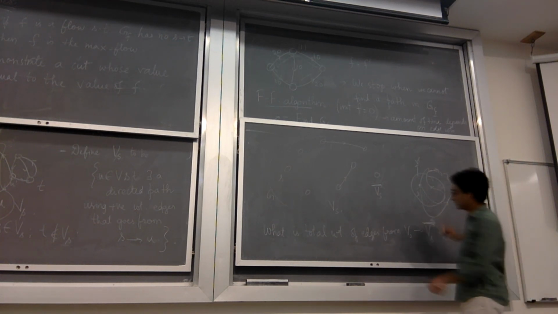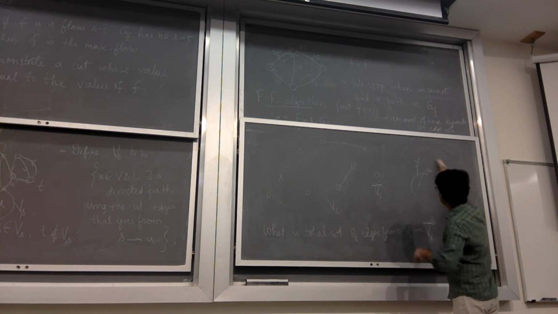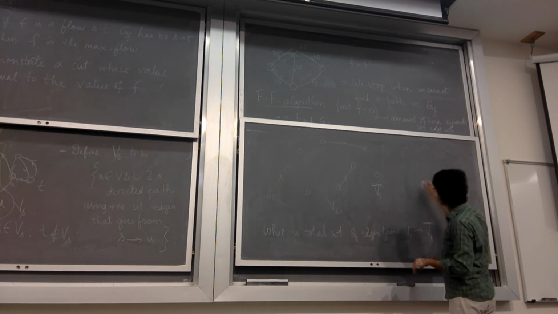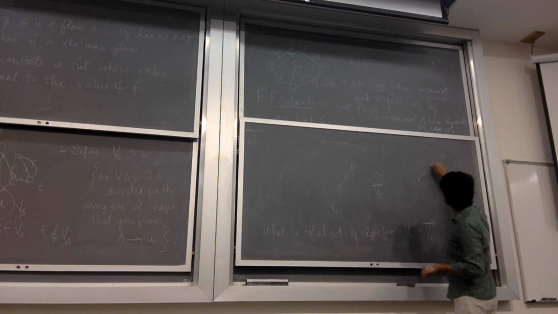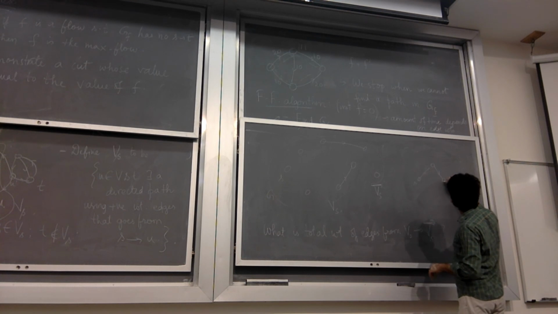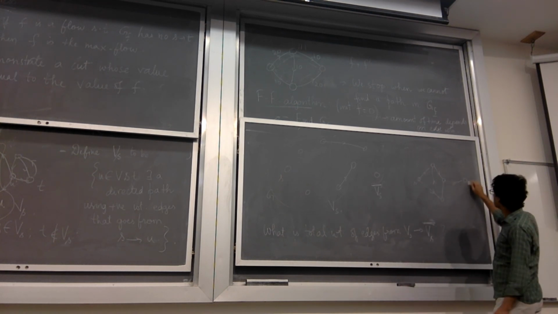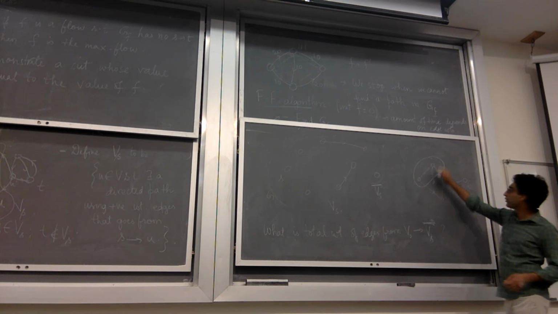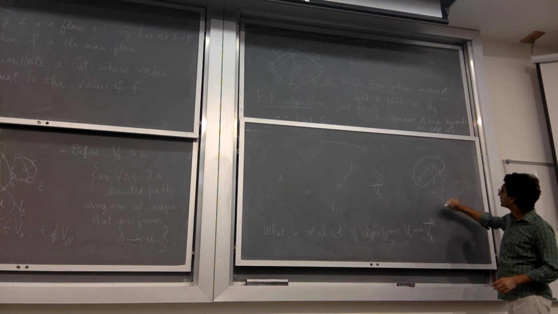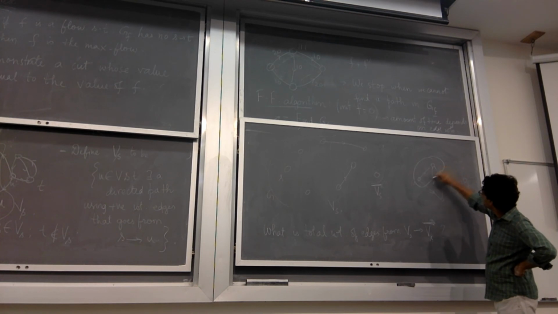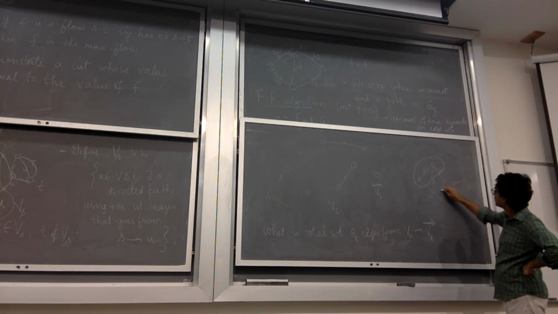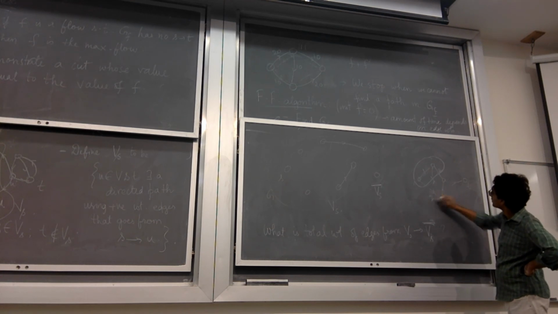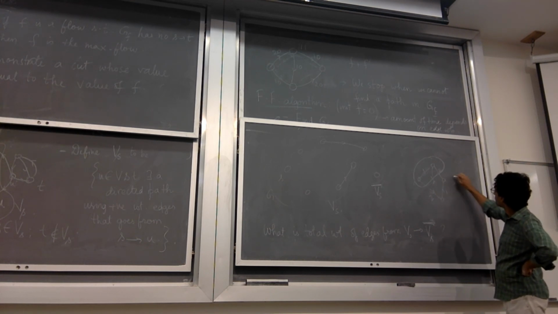If you want to take a very simple example, maybe this picture is confusing, but if I had a flow where you had S and T here, and I gave you some set of vertices like this, and suppose these were all unit flows, maybe just 2, 1, 1, 1.